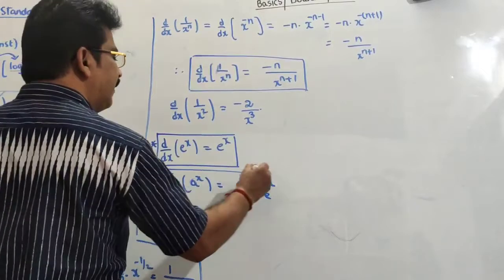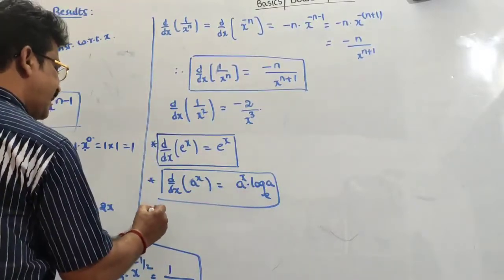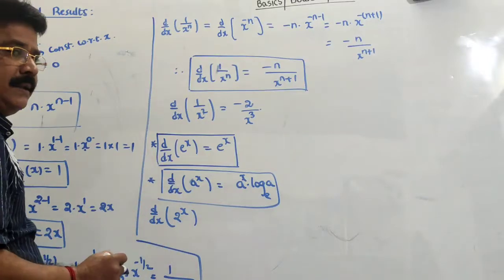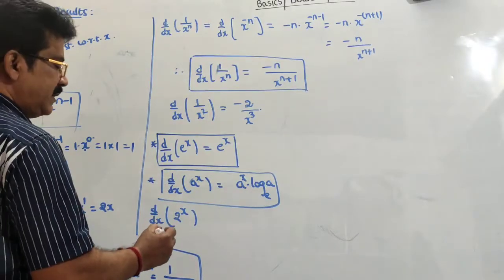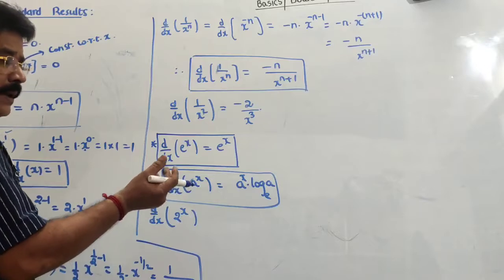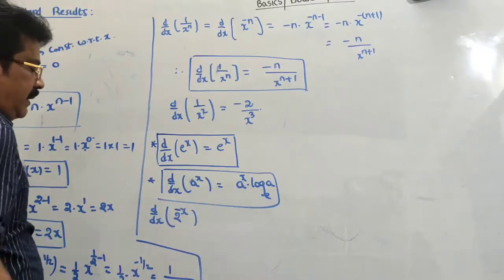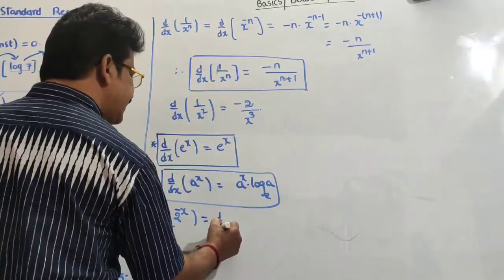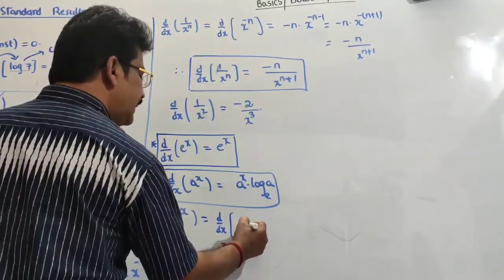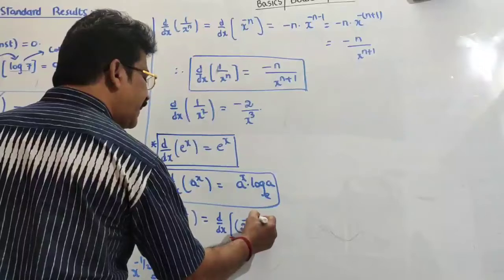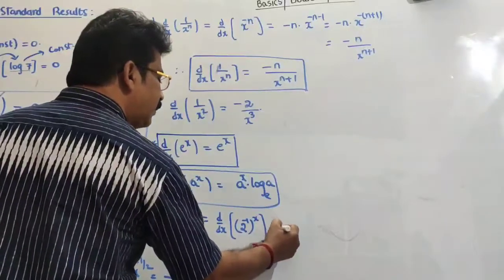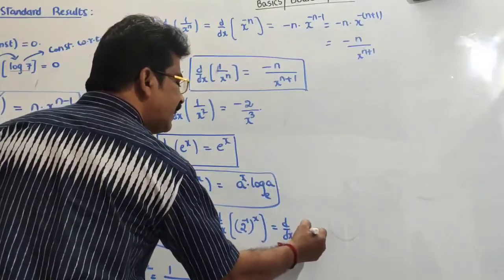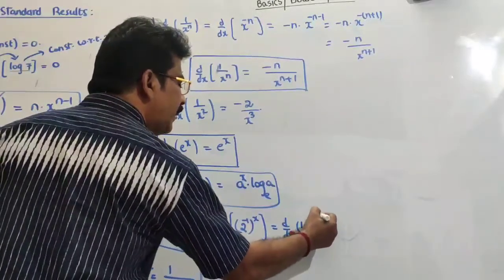This is another formula. We can use this formula for, for example, 2 power x, 3 power x, 4 power x. Another critical formula is d by dx of 2 power minus x. It can be written as d by dx of (2 power minus 1) whole power x, that is (1 by 2) whole power x.